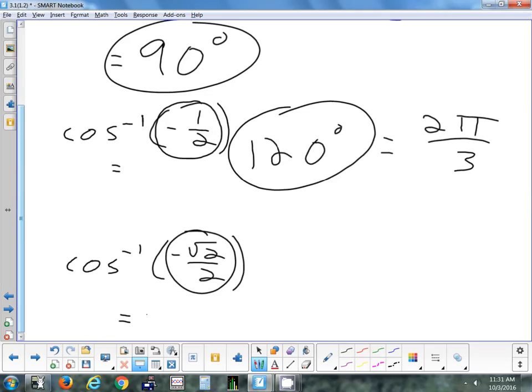Yep, 135. Which is the same as negative 225, but you don't want that. It's not between 0 and 180. And if you look on the back, you'll see it again at 315, right? Which is the same as negative 45. You don't want that either. Okay. Any questions on inverse cosine?